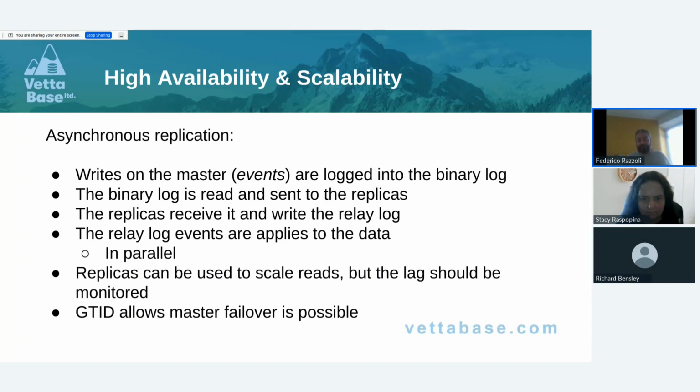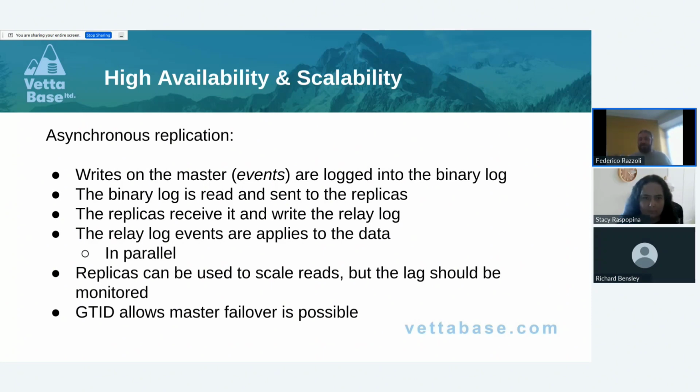Anyway, MariaDB has GTID, so a global transaction ID. So basically every transaction has this ID, which is unique across every replica. And basically this makes it possible to use master failover. So a certain replica is replicating from master A. Sorry, we have a master A and we have 2 replicas.